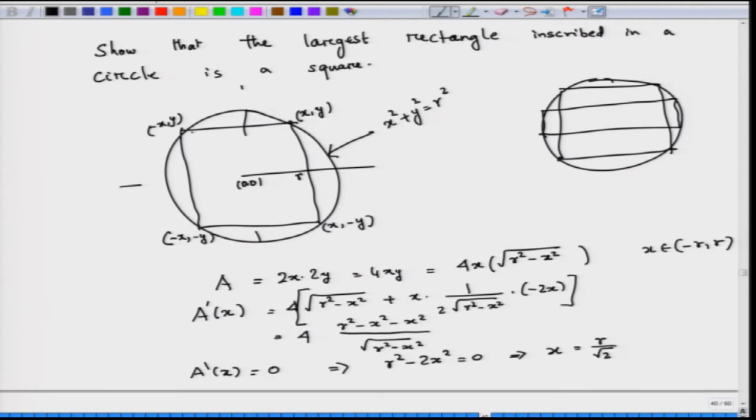Now, when x is bigger than r by square root of 2, then r square minus 2x square is negative, therefore A prime is negative. So, A is a decreasing function.